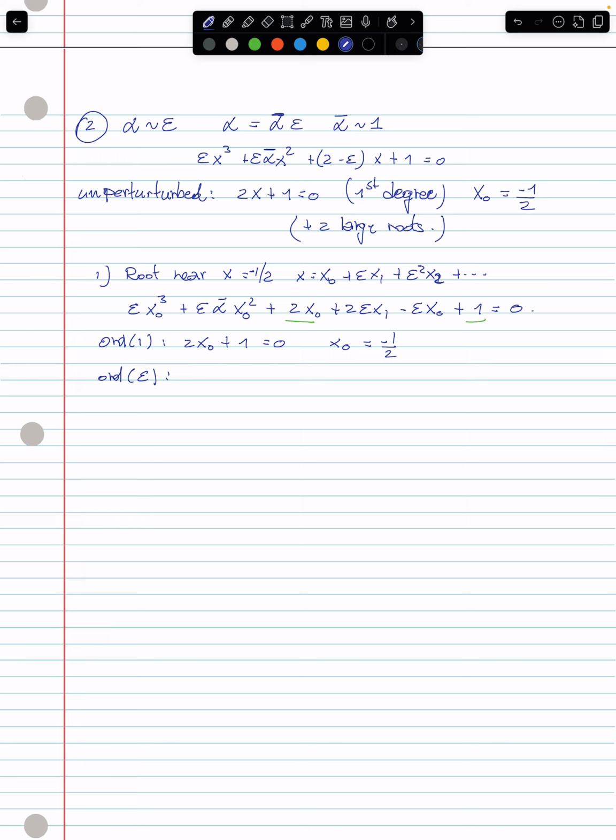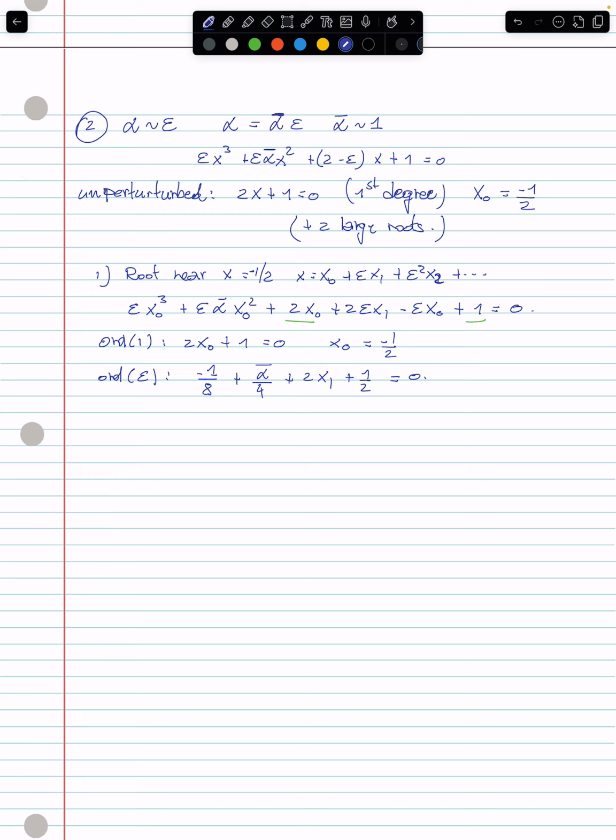Then at the next order, we'll have minus 1/8, because we're talking about the coefficients of epsilon, plus alpha bar over 4, then the next term will be plus twice x1, and then plus 1/2, and this is equal to 0.